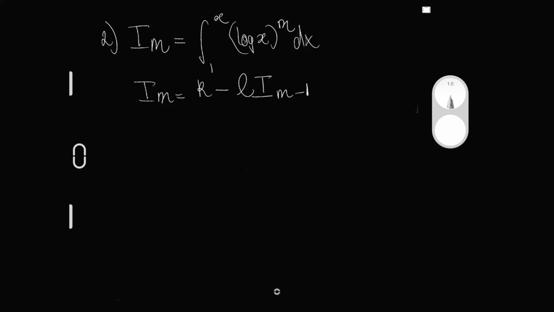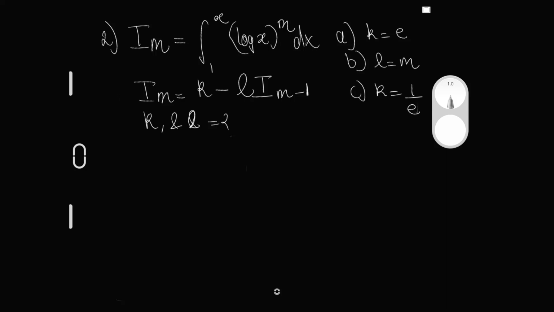We have to find out what k and L are equal to. The options are: A, k equal to e; B, L equal to m; C, k equal to 1 by e; and D, none of these. So you could pause the video right now and try to solve it on your own.